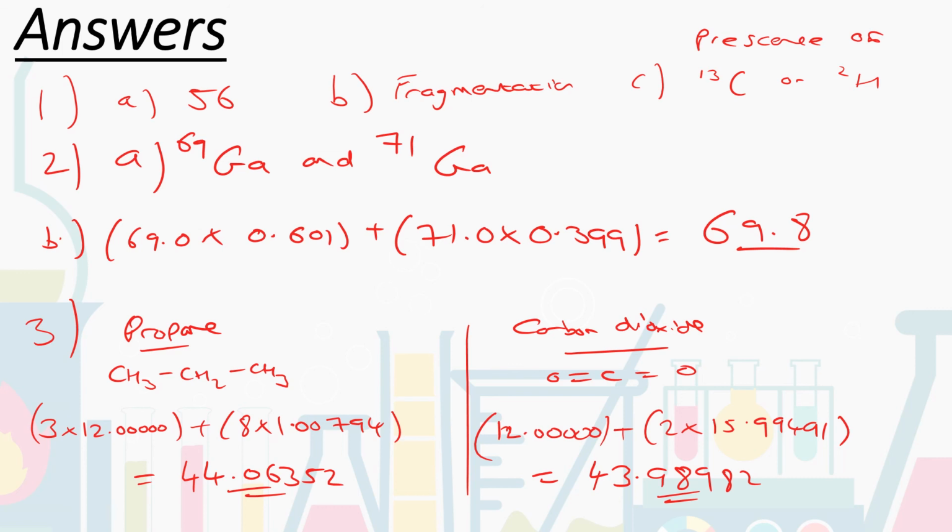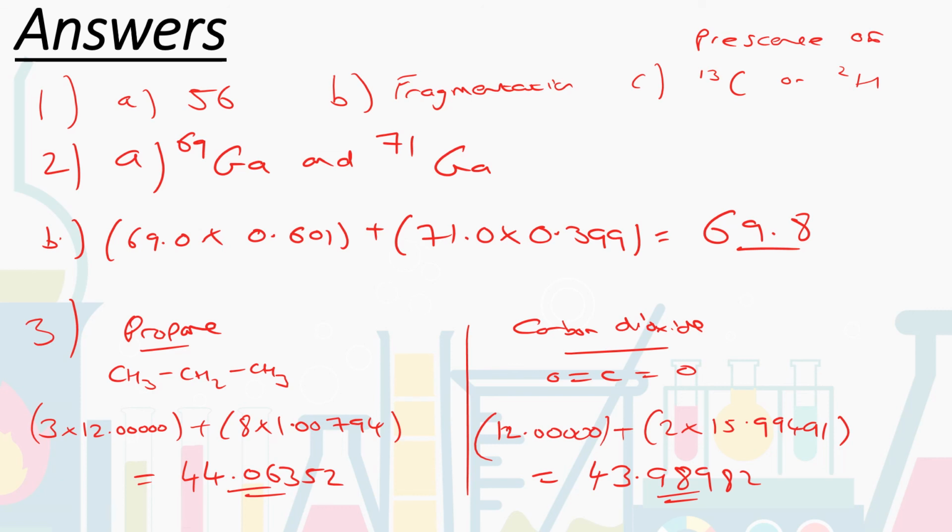Now, while we've said previously that we always give molecular masses to 1 decimal place, we always essentially give it to whatever the number of decimal points is in the question in this case. So here we have our atomic masses being given to us in 5 decimal places, and so we give our molecular masses to 5 decimal places. And that's the really important thing for the high resolution here, that we can actually tell the difference.